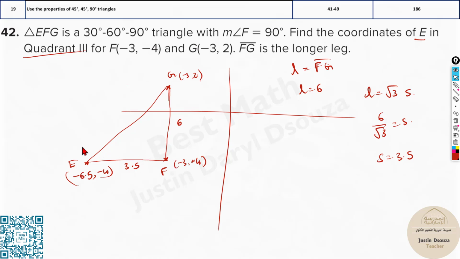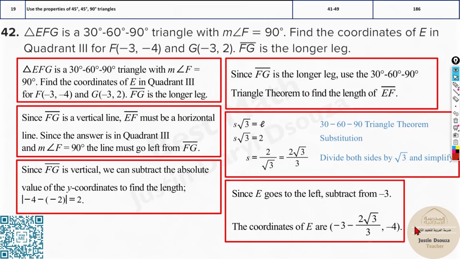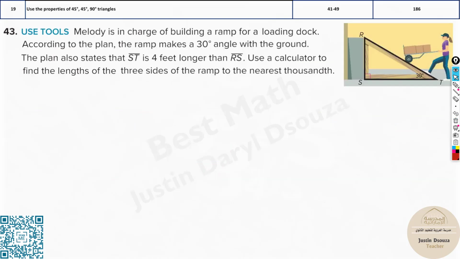And now we can just trace back from this x value to -6.5. That will be the approximate answer. So -3 minus about 3.5 will give you -6.5, comma -4. That is how we do it. You don't need to do all this. It's just for explanation. No need of writing anything. Directly jump to the coordinates.